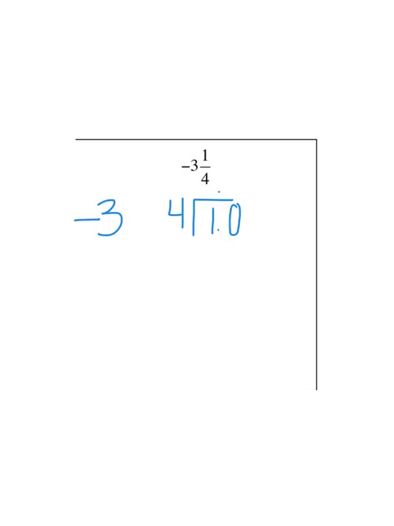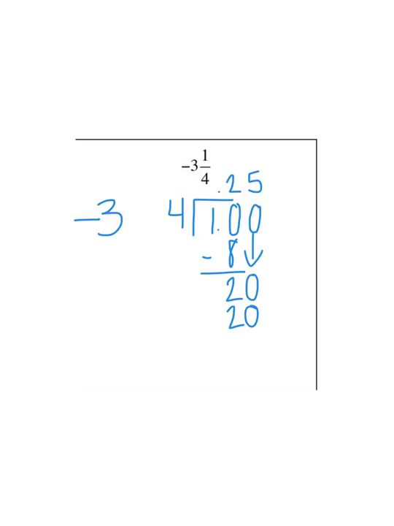4 can go into 10 2 times. 4 times 2 is 8. 10 minus 8 is 2. 4 cannot go into 2, so I'm going to add my 0 and bring it down. 4 can go into 20 5 times. 4 times 5 is 20.